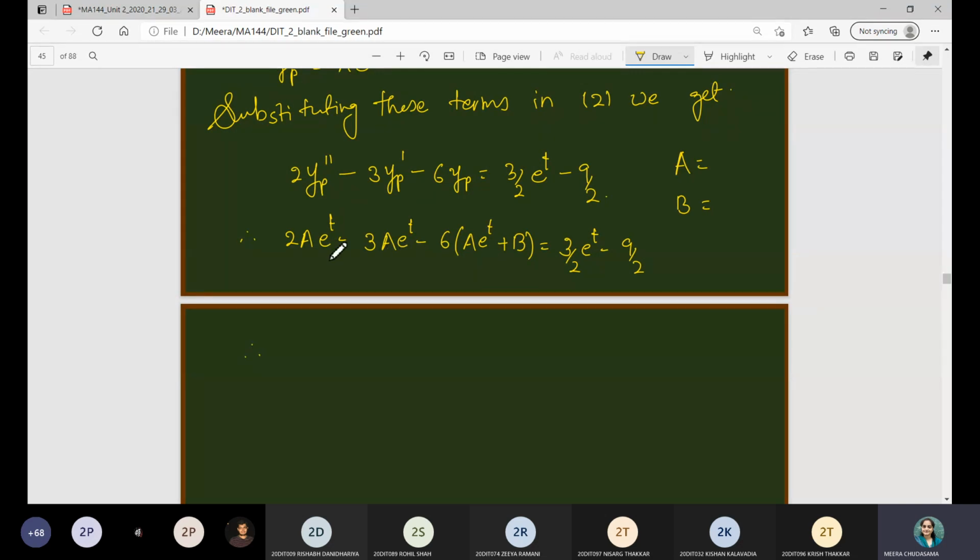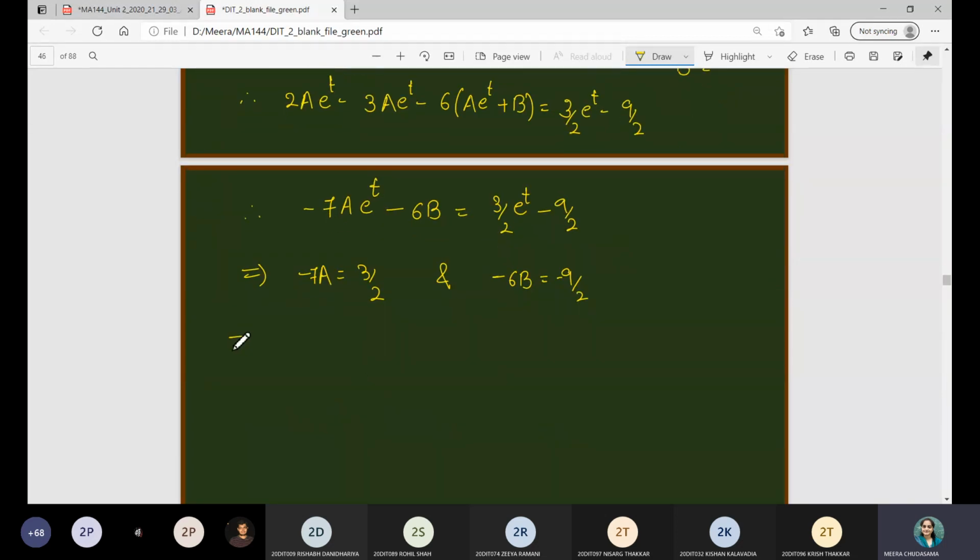Simplification, if you see, this is minus a e raised to t into 6, so it will be 7. So minus 7a e raised to t, and there is no other constant quantity except 6b with the negative sign. So that is equal to 3 by 2 e raised to t minus 9 by 2. So now you can directly compare. So minus 7a is equal to 3 by 2 and minus 6b is equal to minus 9 by 2.